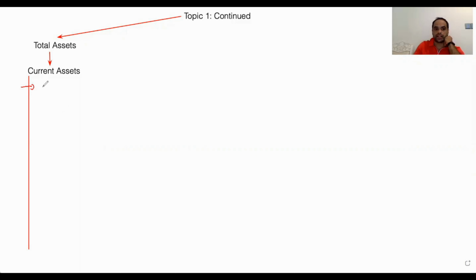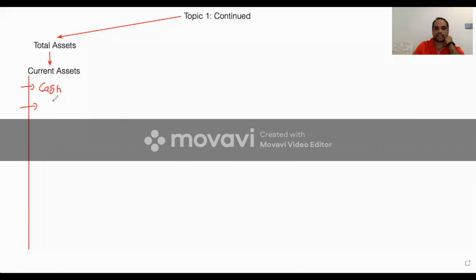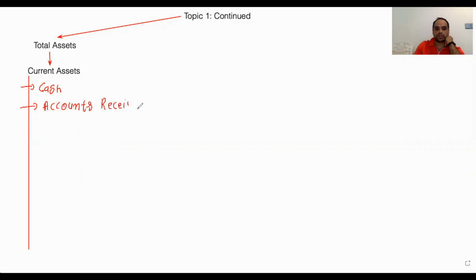So obviously cash is a current asset. The second current asset is accounts receivable. Now, what is the meaning of accounts receivable?